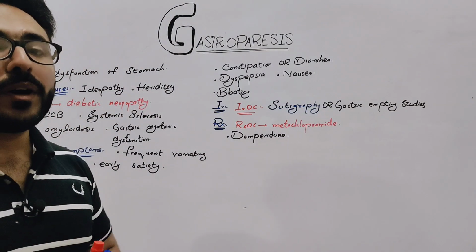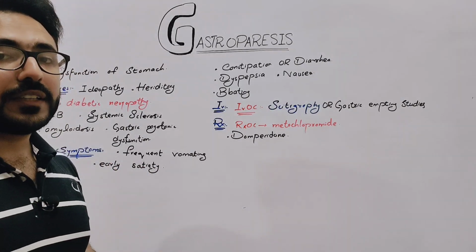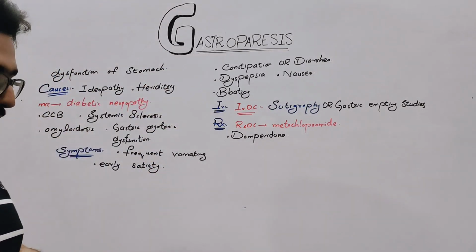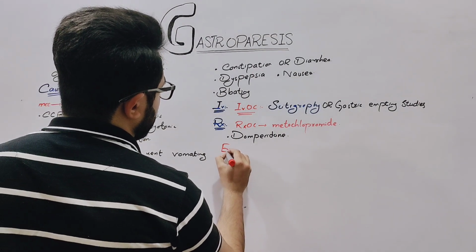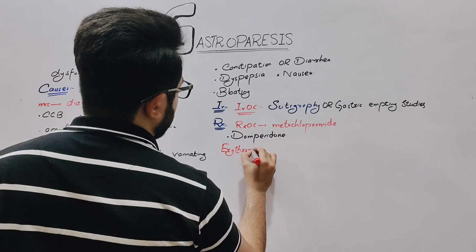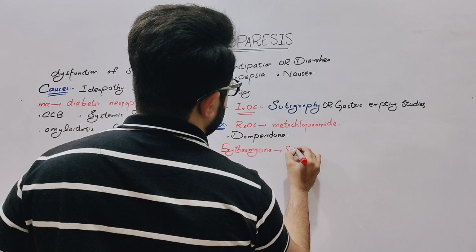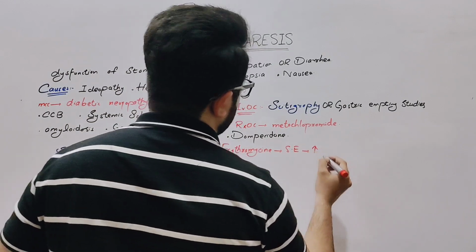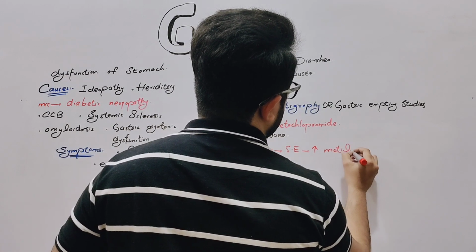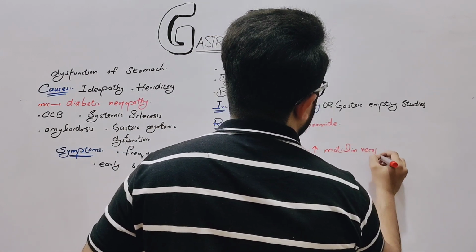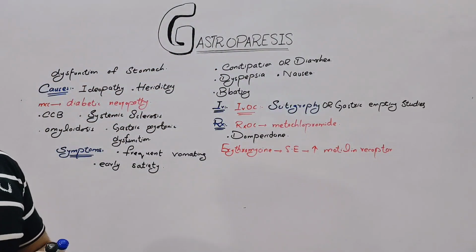There is also an antibiotic we can use to treat gastroparesis, and that drug is erythromycin. Erythromycin's side effect is that it increases motility by stimulating motilin receptors, which enhances the motility function of the stomach.